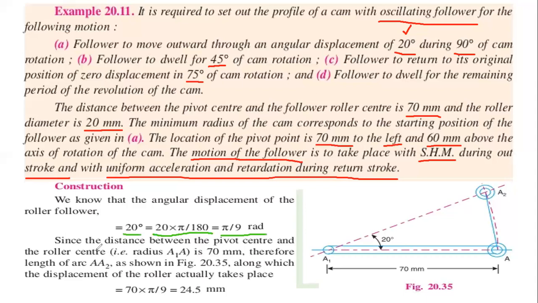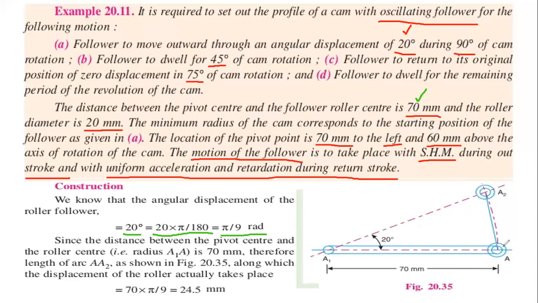Since the distance between the pivot center and the roller center is 70 mm, A1A is the distance between the pivot center and the roller center, and A1A2 is the oscillatory motion. So the distance between A1 and A is taken as 70 mm.